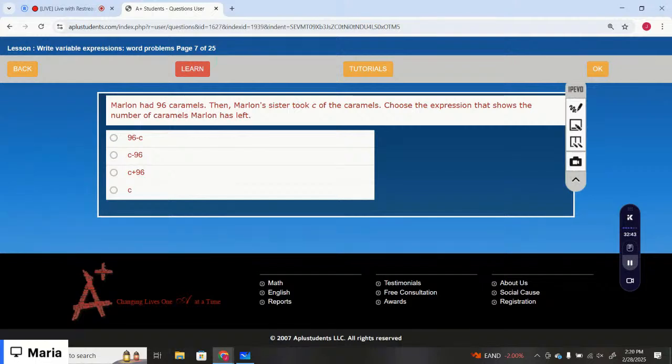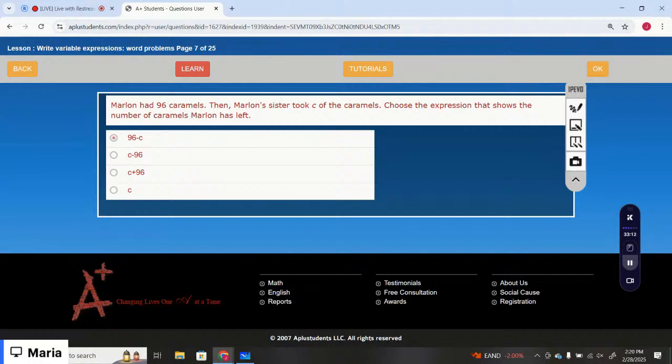Marlon has 96 caramels. Then Marlon's sister took c of the caramels. Choose the expression that shows the number of caramels Marlon has left. So 96 and then c her sister took.